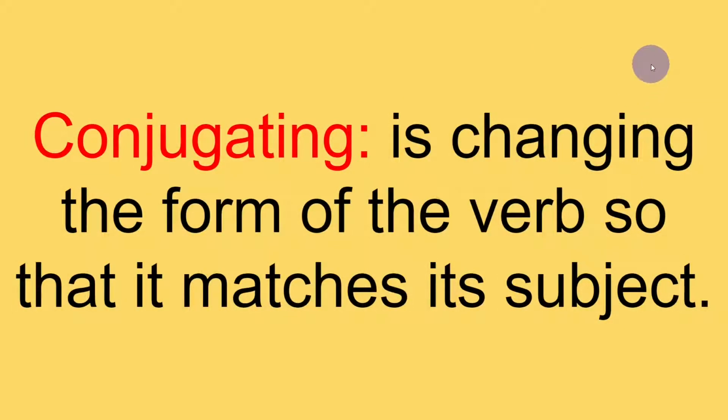So first of all, conjugating is changing the form of the verb so that it matches its subject. In this way, we will know whom we're talking about or which person we are talking about.